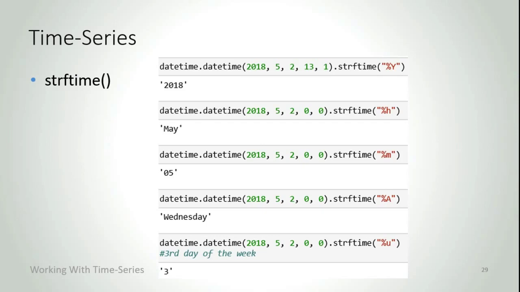If we talk about month, we need to use capital B. It gives you the name of the month, and lowercase m gives you the number of the month and stuff like that. All the list of these keywords are accessible in the documentation of this datetime module.